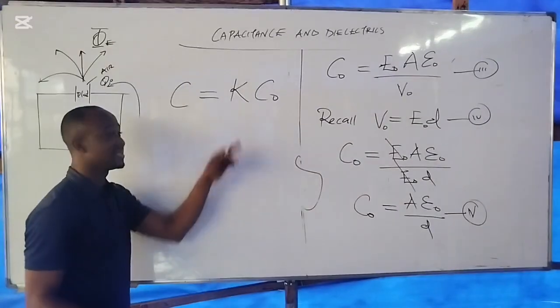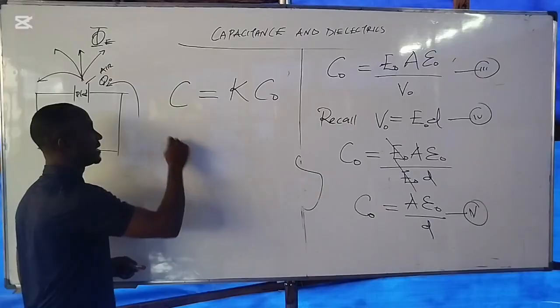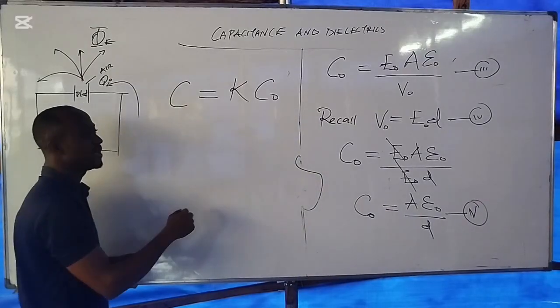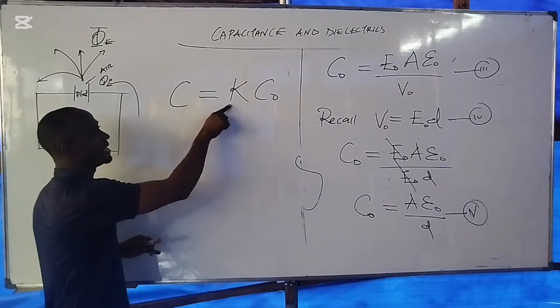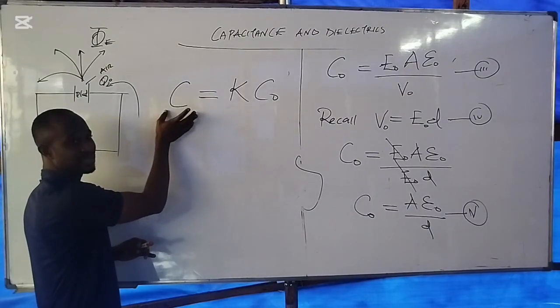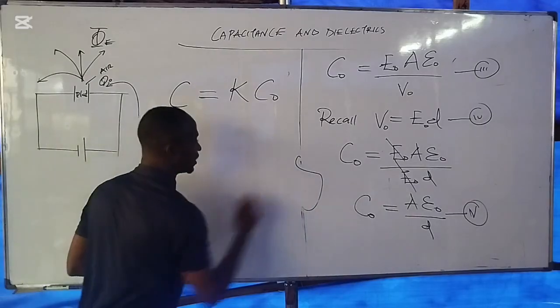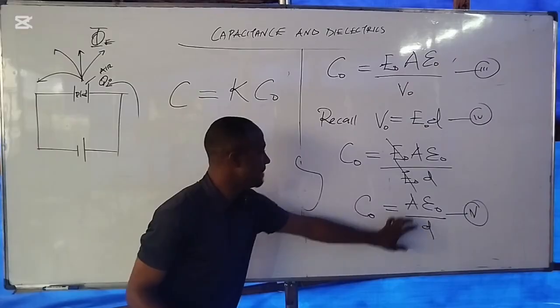The value of K represents the dielectric constant. What this implies is that for me to remove air, I have to put a material, and that will give us a new capacitance.